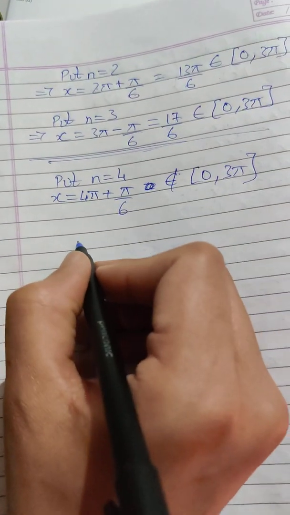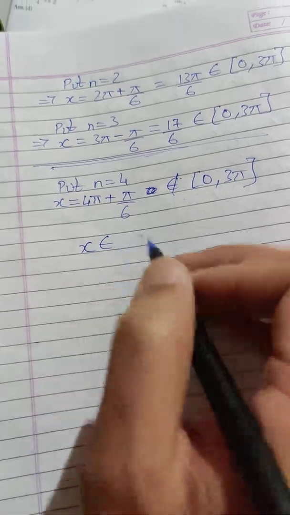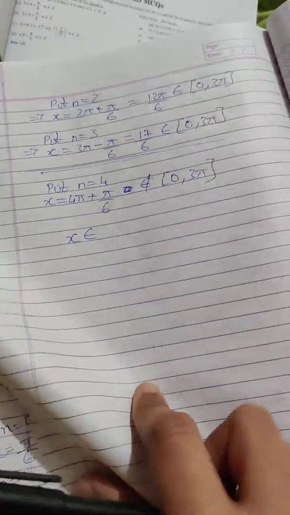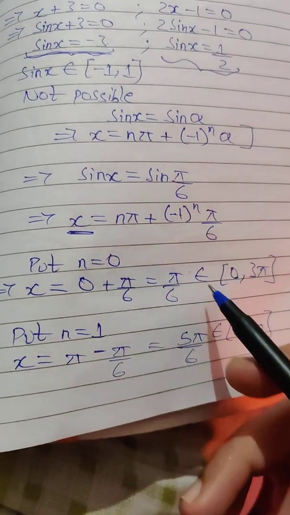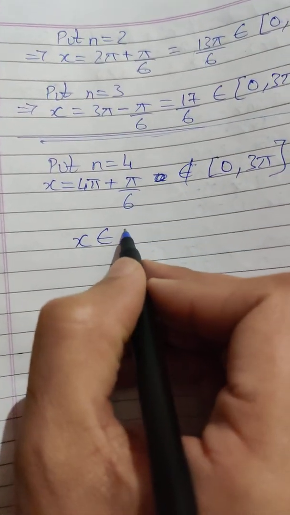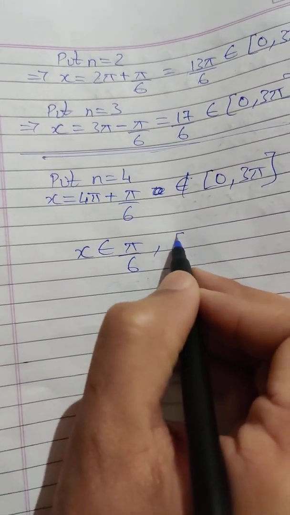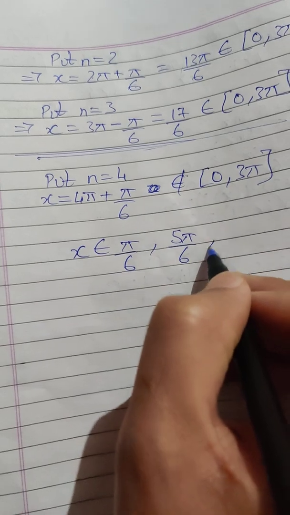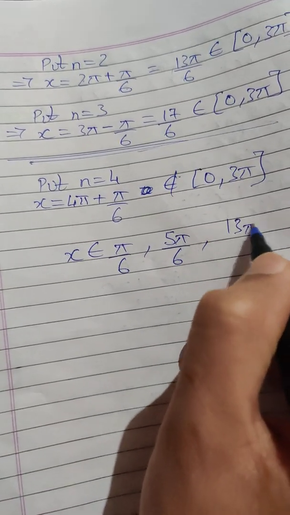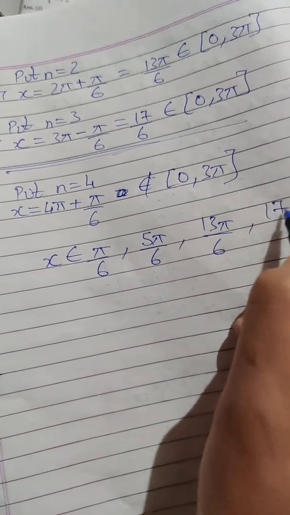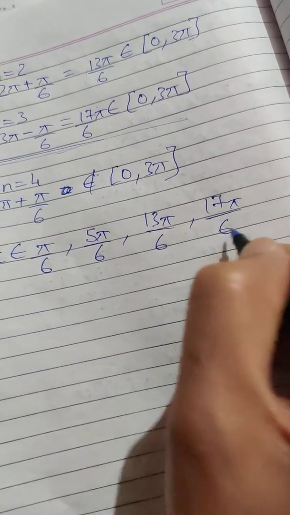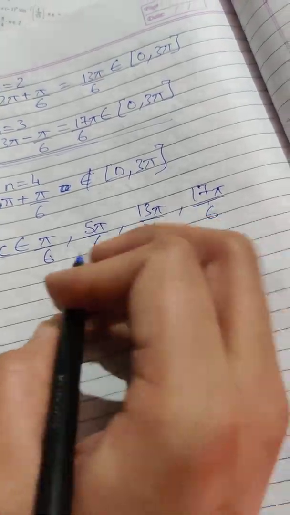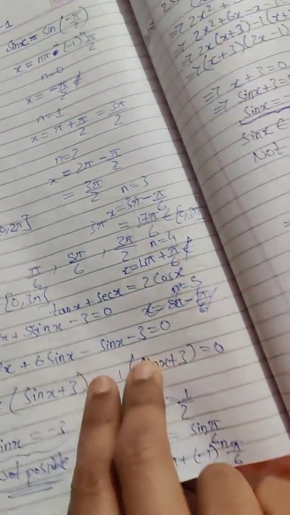So we have 4 values of x, and those are π/6, 5π/6, 13π/6 and 17π/6. So these are 1, 2, 3, 4 values. So 4 values of x.